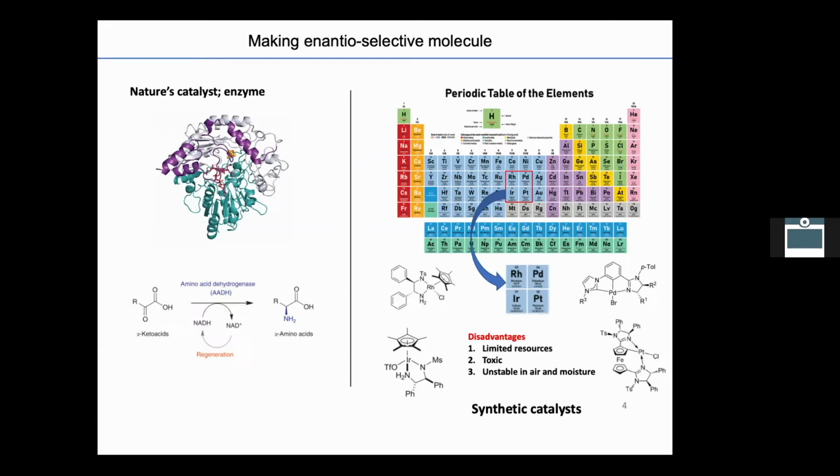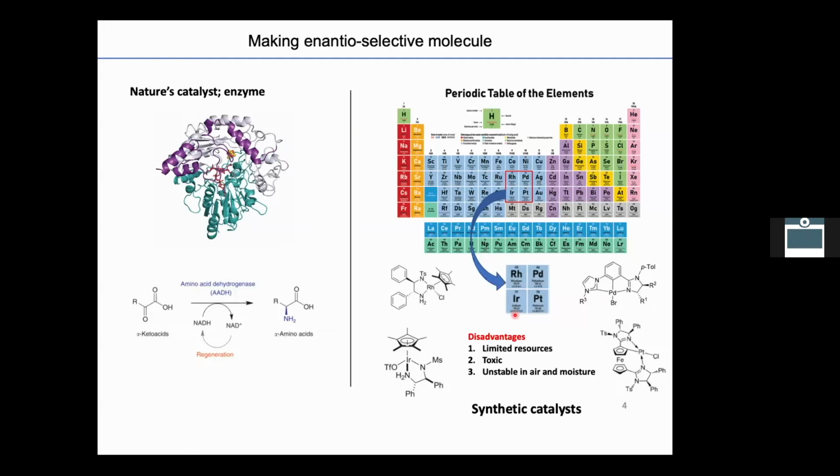For example, iridium, this material, has an abundance of around 2 parts per billion. So it's extremely rare, and most of the resources are already used.